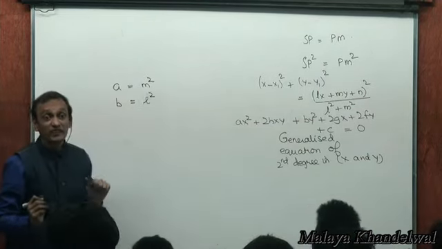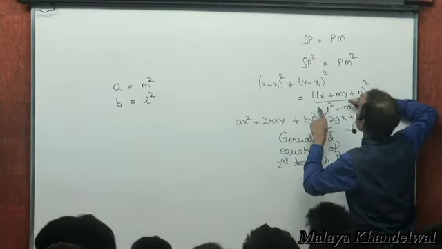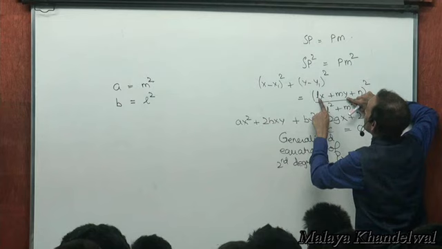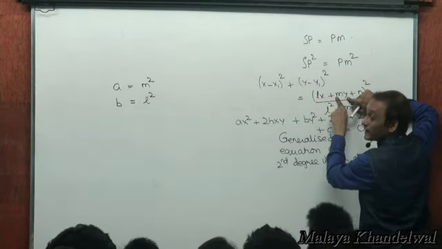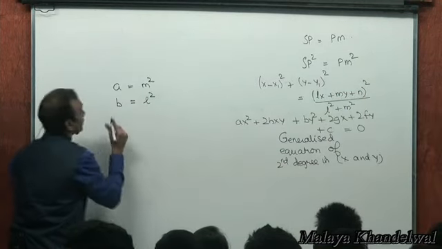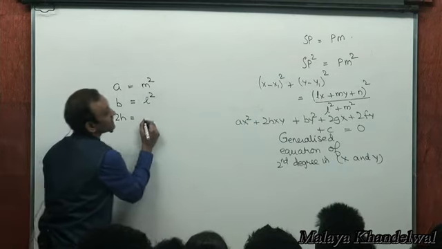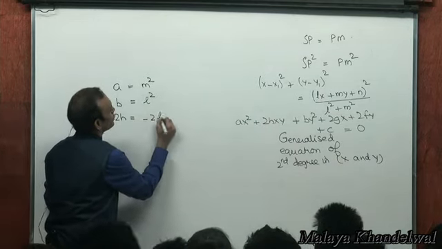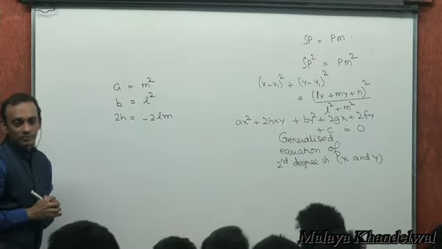Now, coefficient of xy, there will be only one term, which would be 2lm xy, isn't it? So 2h in this case is minus 2lm, yes or no?